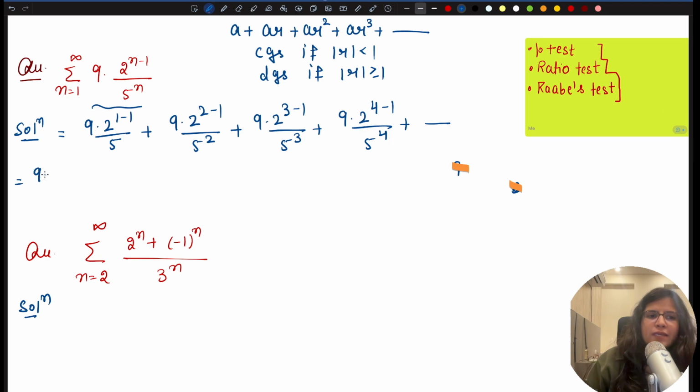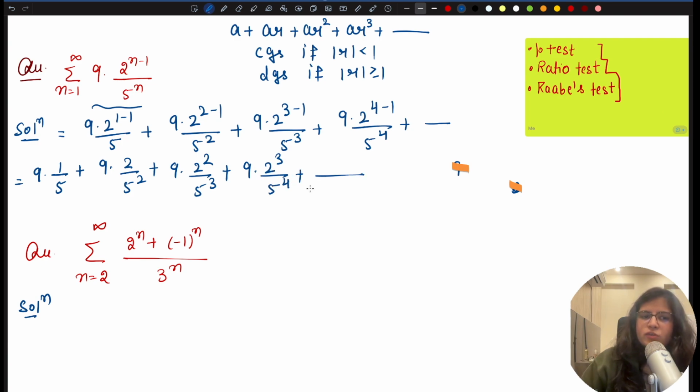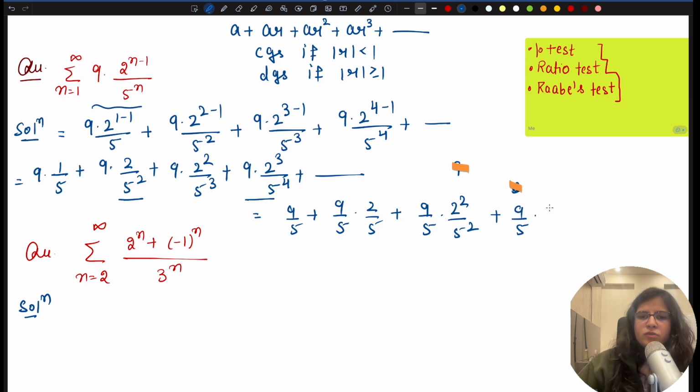This is equal to 9 into 1 by 5 plus 9 into 2 by 5 square plus 9 into 2 square by 5 cube plus 9 into 2 cube by 5 to the power 4. Slight adjustment is needed here, है ना. 9 by 5 plus 9 by 5 into 2 by 5 plus 9 by 5 into 2 square by 5 square. Similarly, plus 9 by 5 into 2 cube by 5 cube plus up to so on.